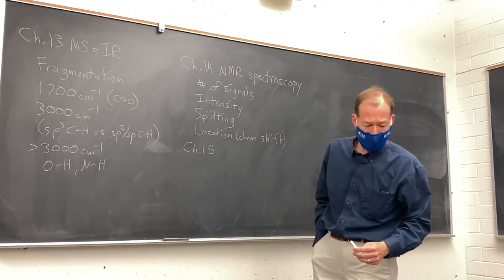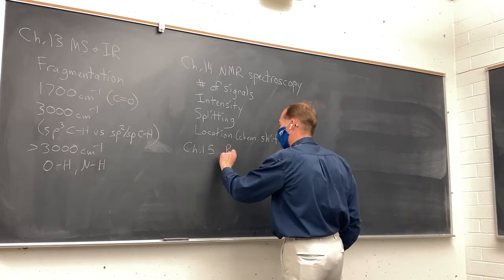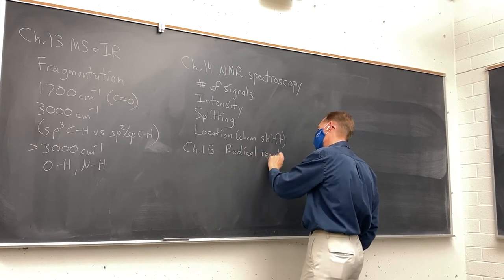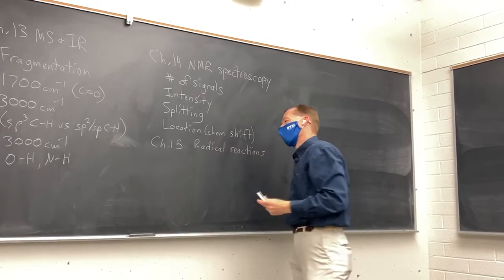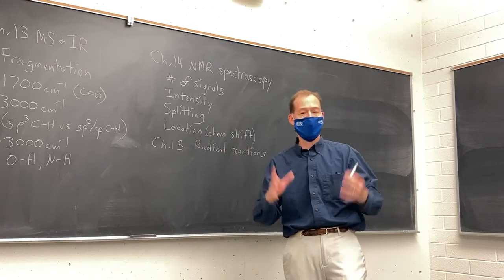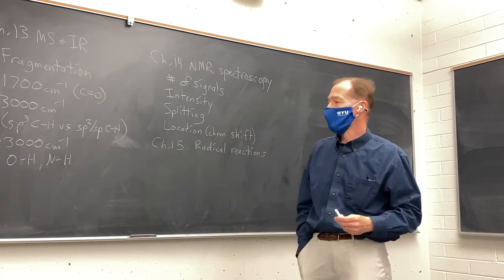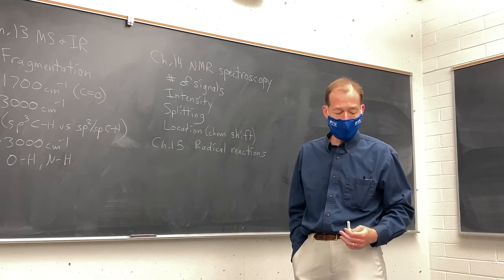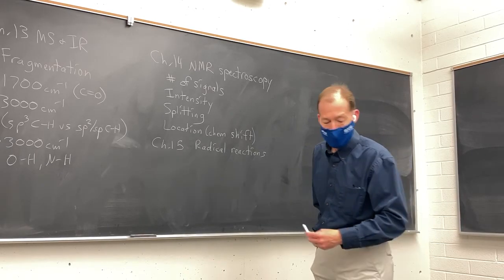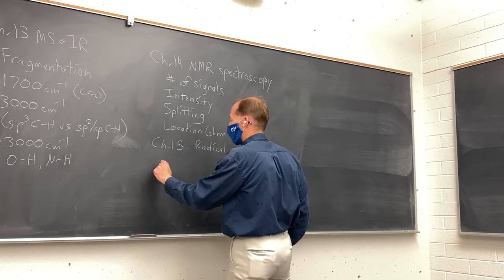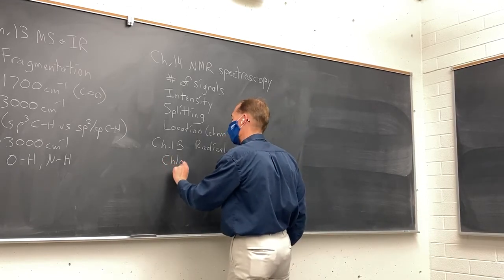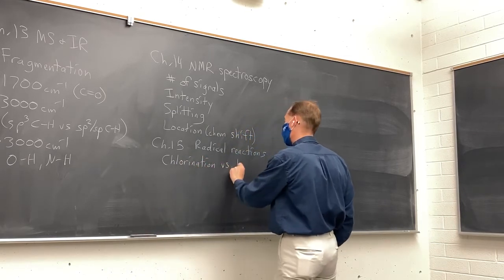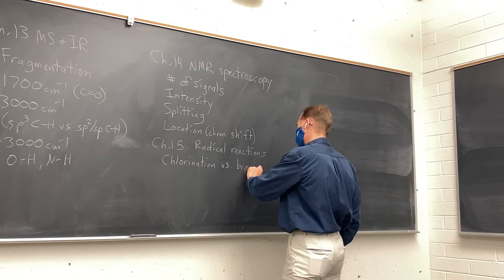So chapter 15 was called Radical Reactions. And we started out this chapter with some basic information on radicals, their structure, relative stabilities, but the main thing here was the radical halogenation, of which there were two types, the chlorination reaction and the bromination reaction.